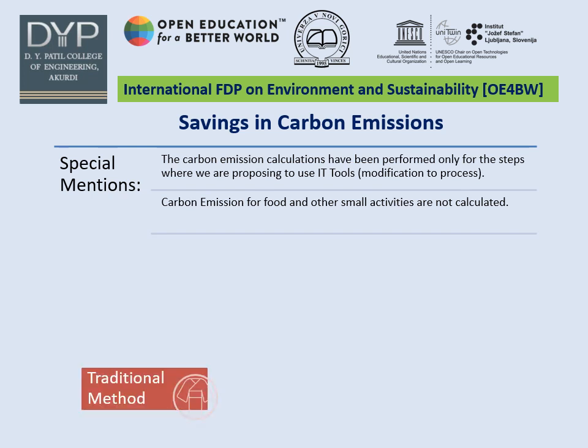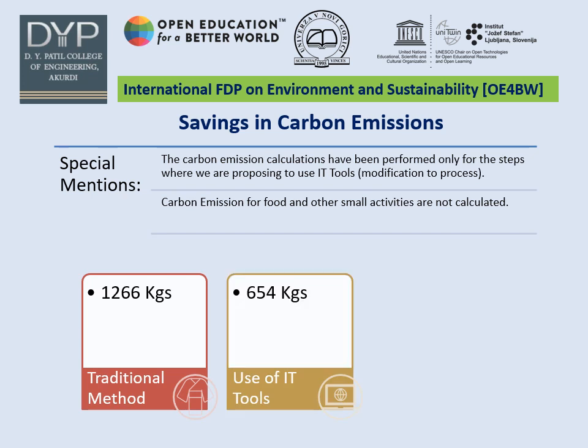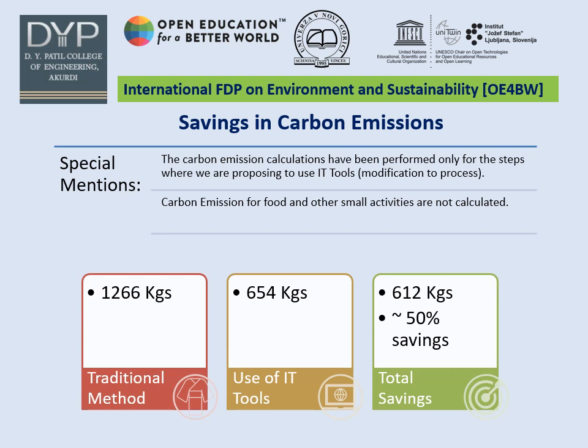I am especially mentioning these 2 points. Now we will observe that in the traditional method, the total carbon emission was 1266 kilograms. When using IT tools, it was 654 kilograms. That means the total savings come up to 612 kilograms, approximately 50% savings.